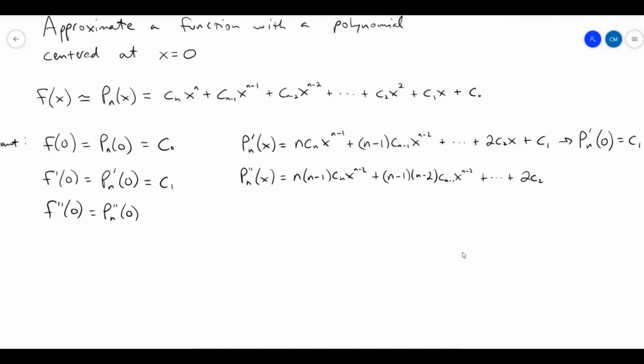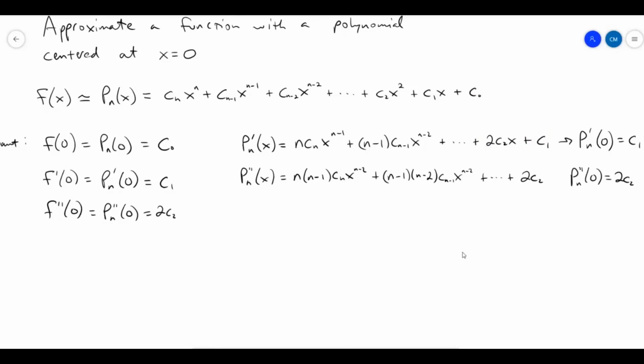And then this one is gone now because we took the derivative, and that's a constant. But the derivative of this, the x goes away and you get that. You see? And so what is Pn double prime of 0? It is 2C2. Okay, so this is 2C2.